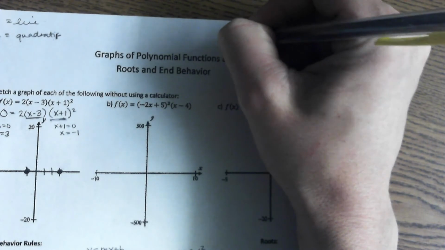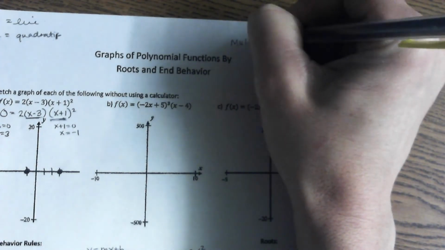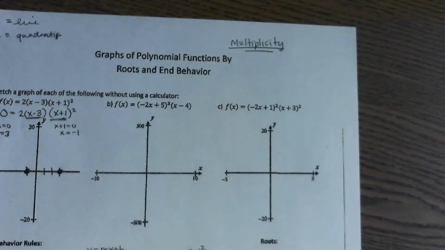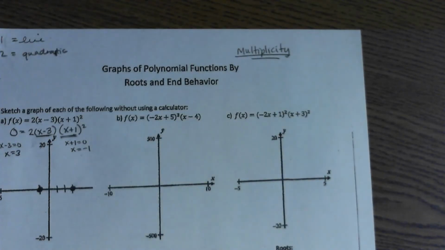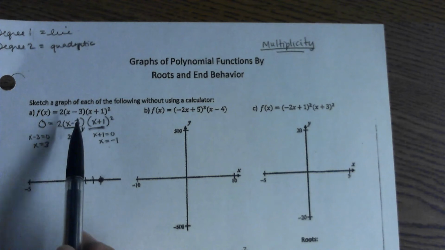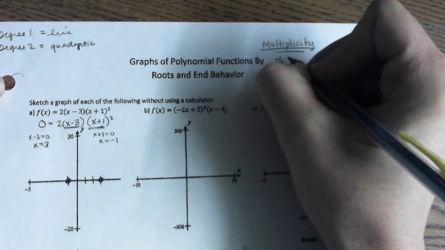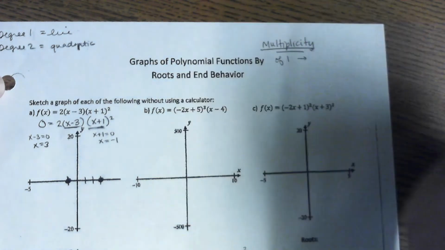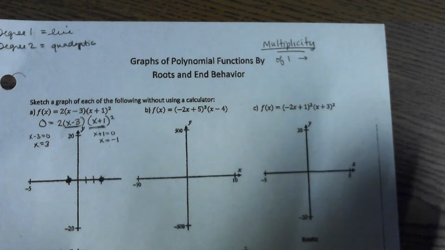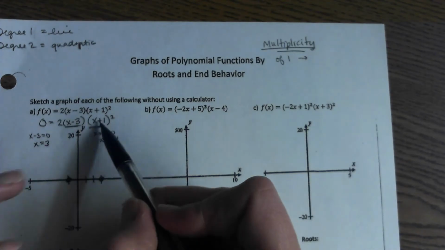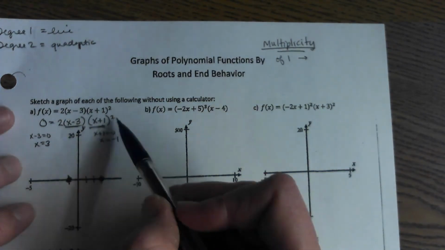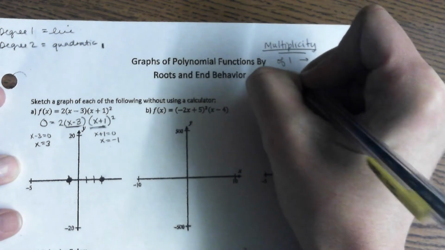Write that word. If your factor is just being raised to the first power, like the x minus 3 is, it has a multiplicity of 1. And that's going to create something different than what happens on the x plus 1 factor, because that has a multiplicity of 2.